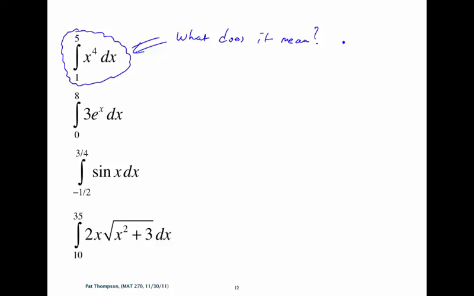Somebody. Yes, sir. Well, it's the sum of the rate of change function from whatever x values are 1 to 5. Okay, are we summing up rates? So it sounds like you're saying you're summing up the rates. Is that what you're saying? So you're finding the sum from 1 to 5. Okay.